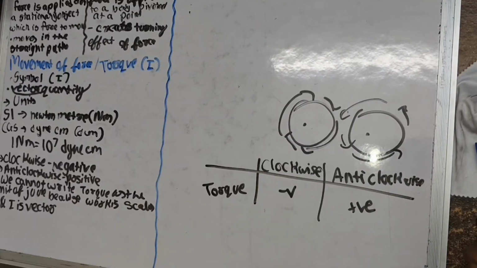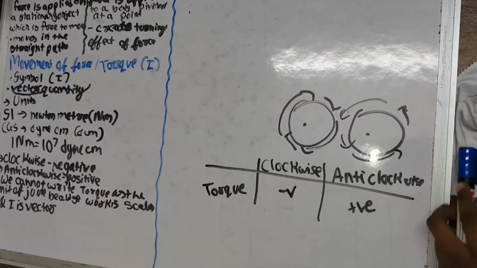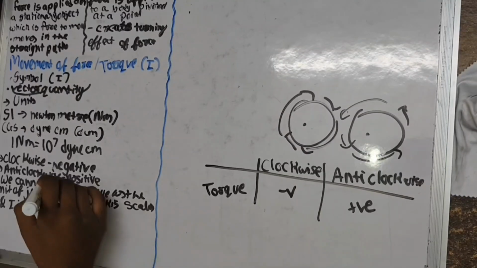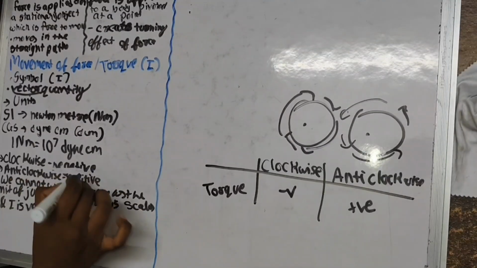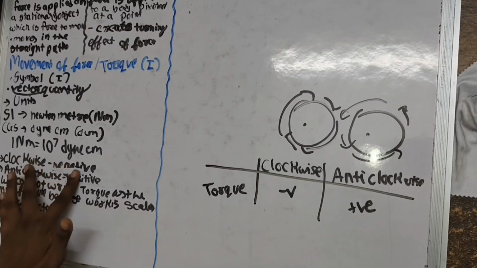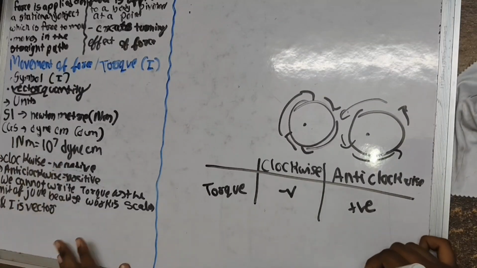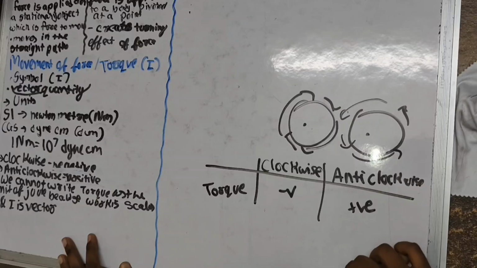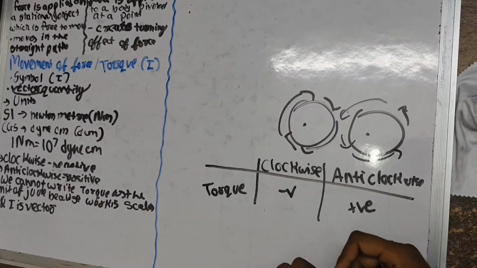So we have written anti-clockwise torque is positive and clockwise torque is negative. And we cannot write the unit of torque as joule because work is scalar and torque is vector.